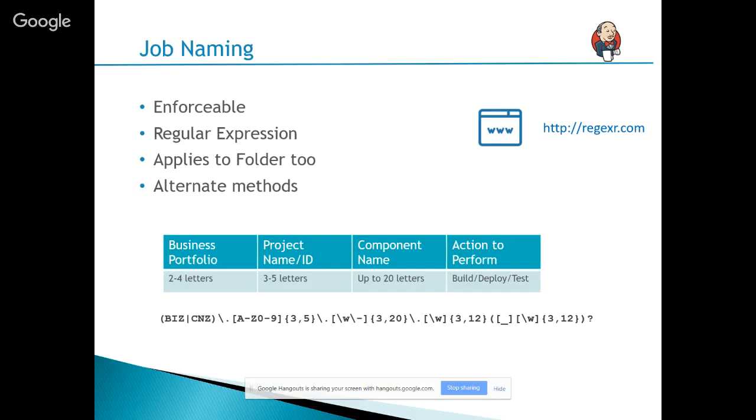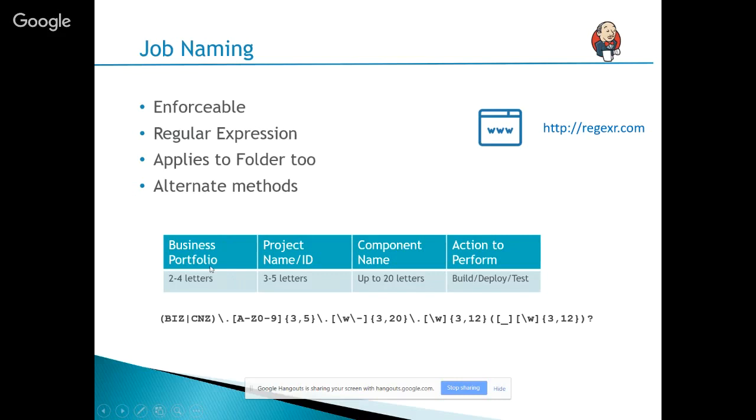So you need to have a standard that can be used by all the project teams. So you derive a naming standard and you enforce it. In Jenkins, there is an option to enforce the naming standard. The standard is a pattern derived by a regular expression.